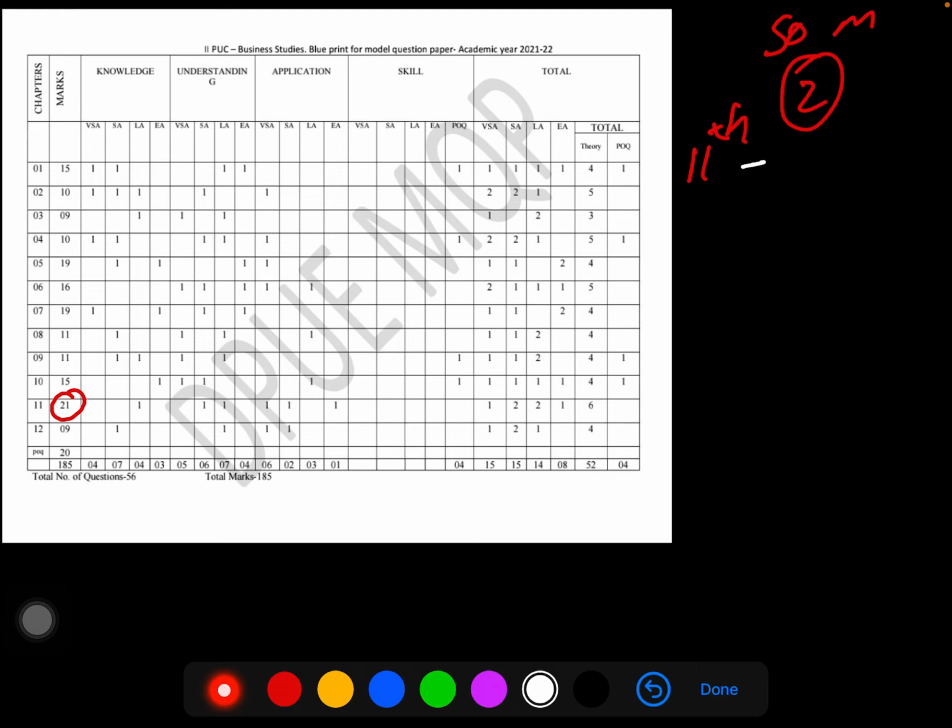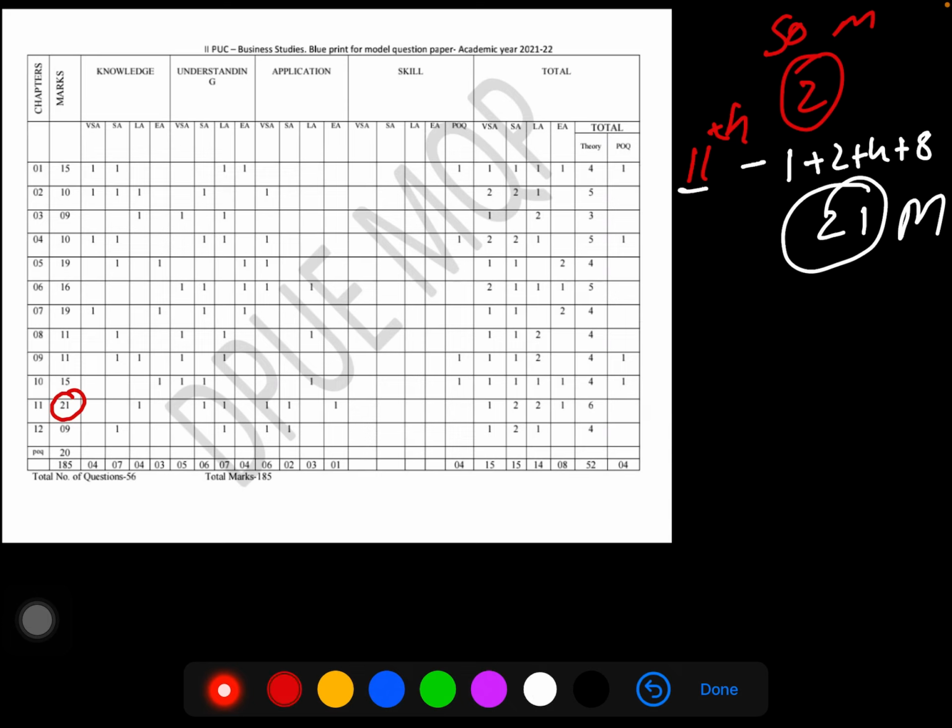In that you're going to prepare all the 1 mark, 2 mark and 4 mark questions, and with that you're going to prepare the 8 mark question also if you have it. By preparing only the 11th chapter completely, you will get 21 marks.